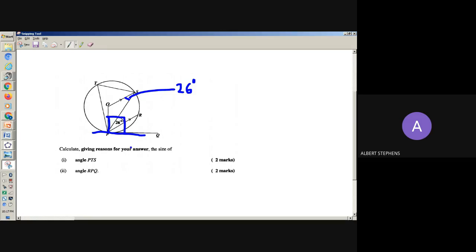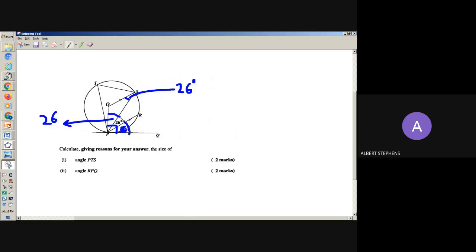All right. But class, this is an isosceles, isn't it? So if this piece is 26, then this little piece here is also 26, not true? And if all of this is 90, can't I find that little piece down here?